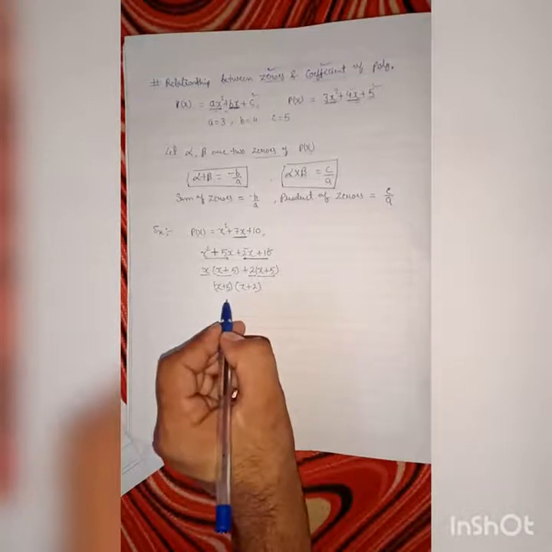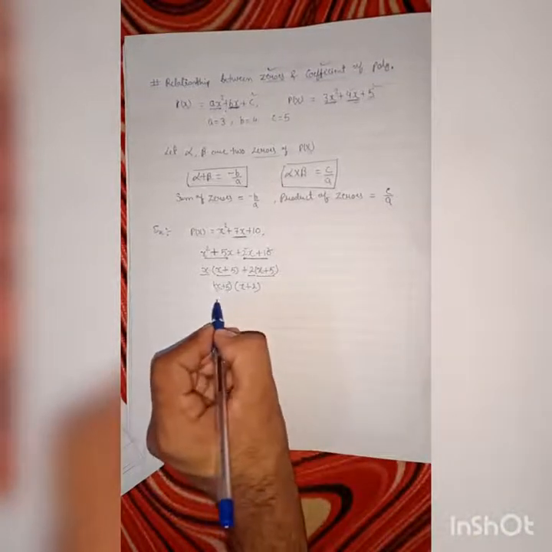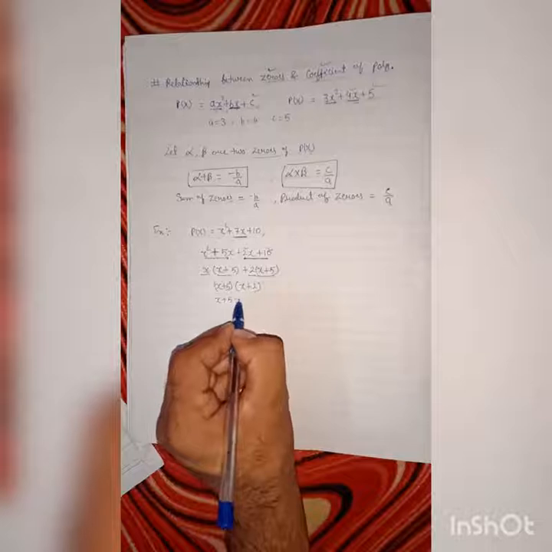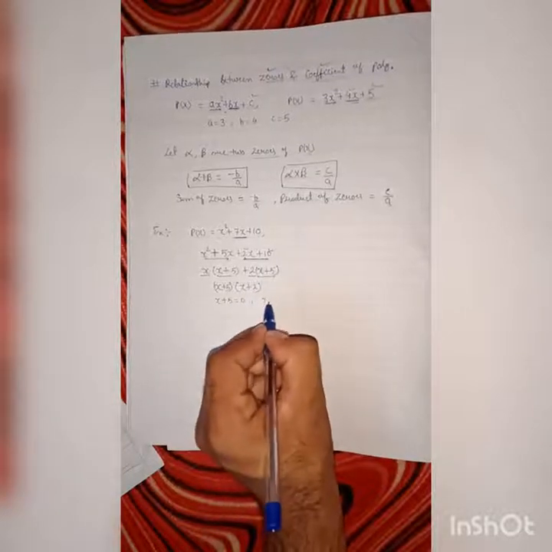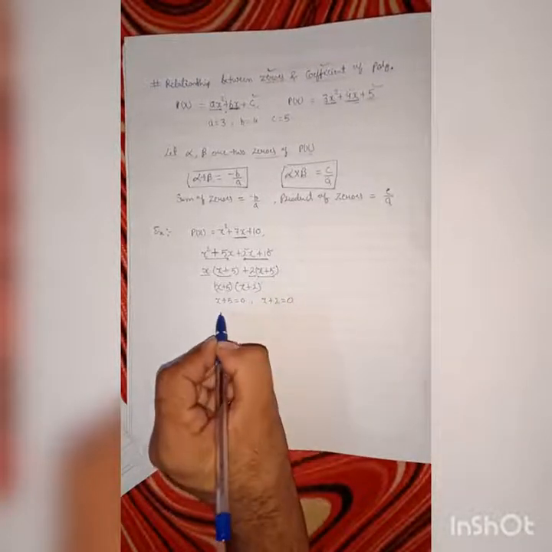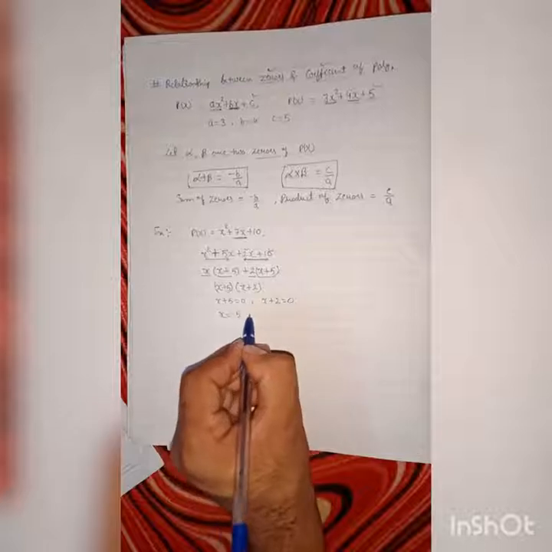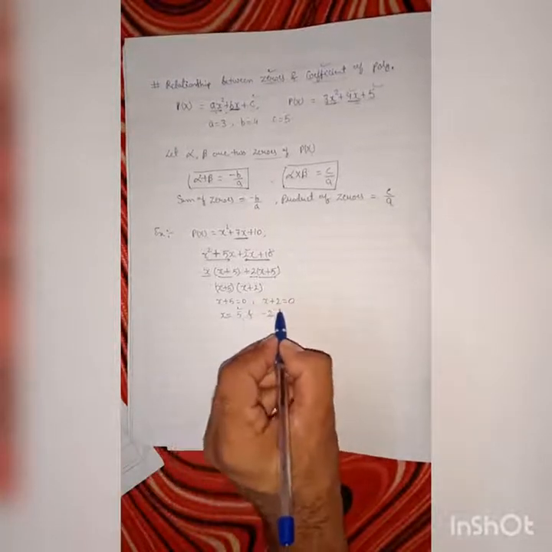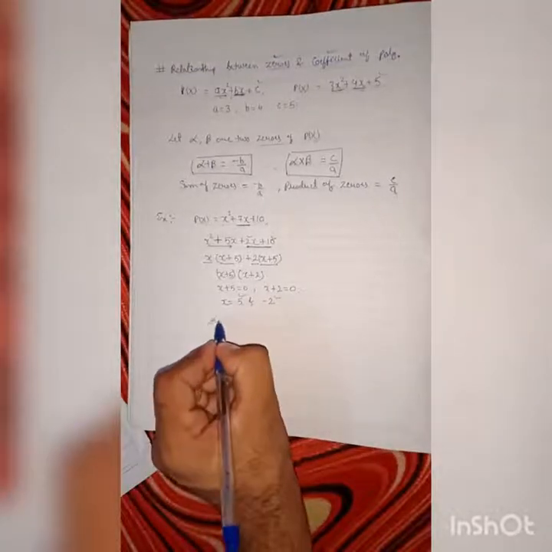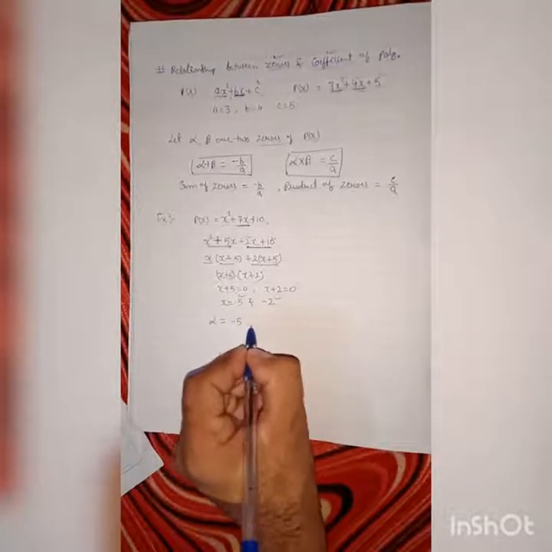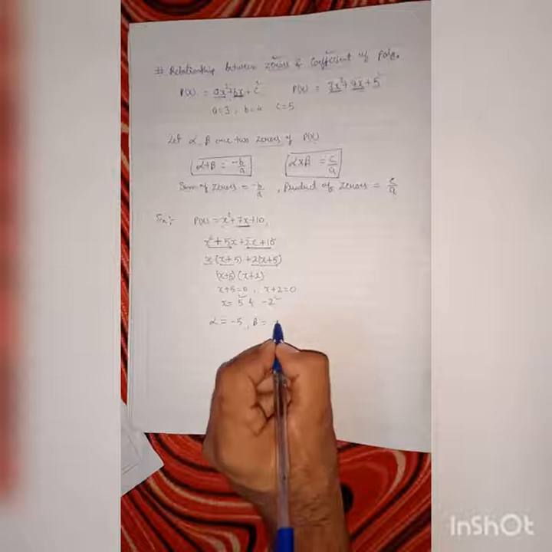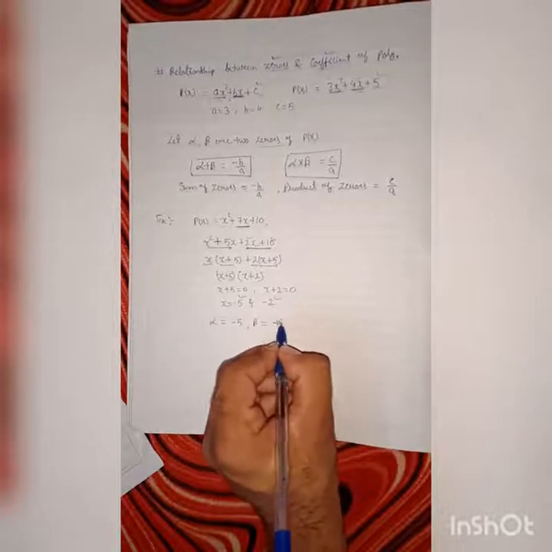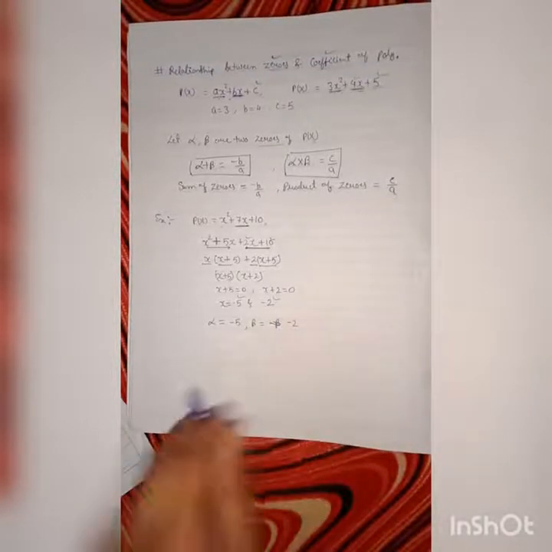If I find the value of x, so x plus 5 equals to 0, and same thing x plus 2 equals to 0. So I'll have x equals to minus 5 and minus 2. So these minus 5 and minus 2 will be the values of alpha and beta. So these are the zeros of the given polynomial.